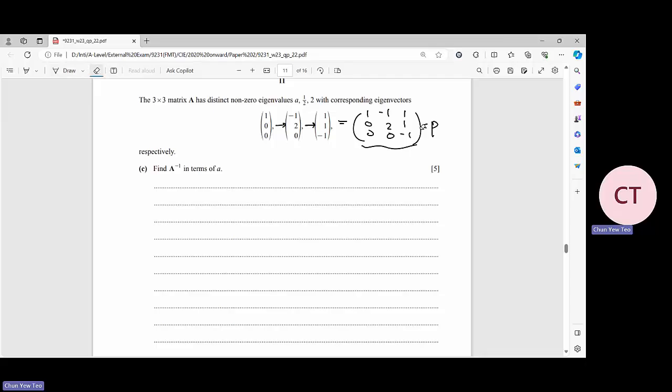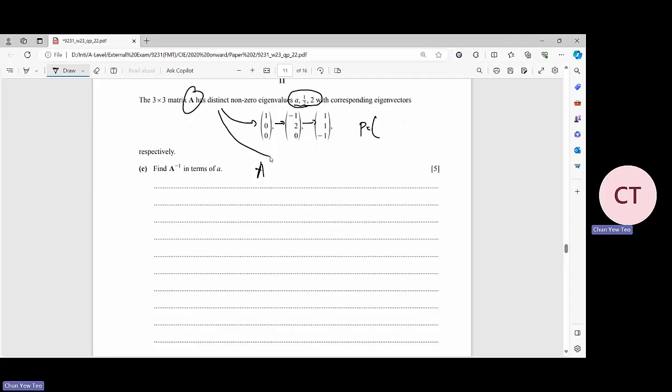Okay, so this is something you need to know: how to link them together. The matrix A with the eigenvalue will link you to the eigenvector.